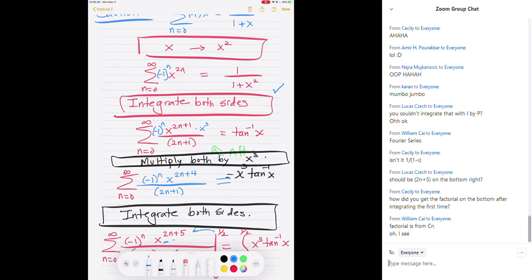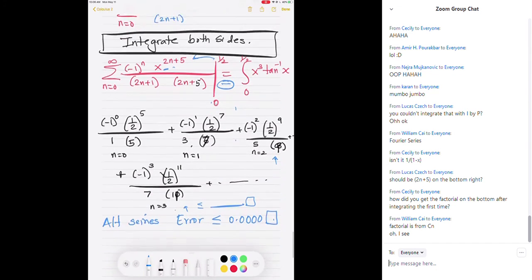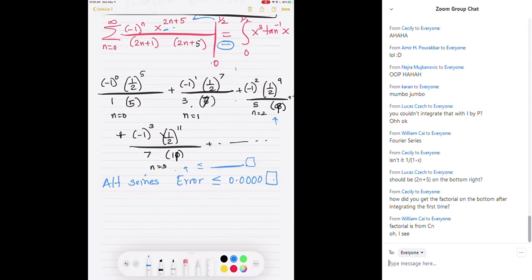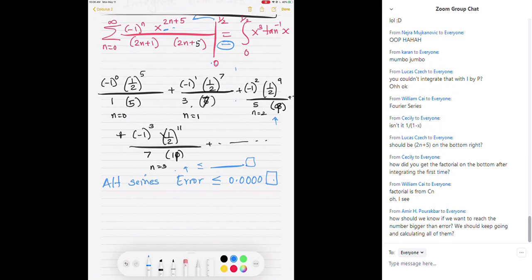So I just want to say this thing to you. Before I take questions about any of the material, this is it. I'm not going to do anything further. And this is exactly where I wanted to stop. Amir, if you remember in the alternating series test, you said that S minus Sn should be less than or equal to Bn plus 1.